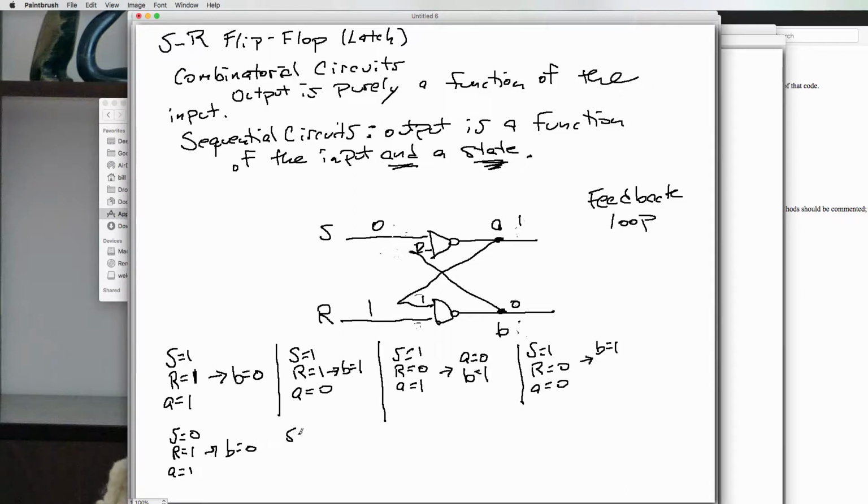And now I'm going to let S equal 0. I'm going to let R equal 1. And I'm going to let A equal 0. And let's work this one through.